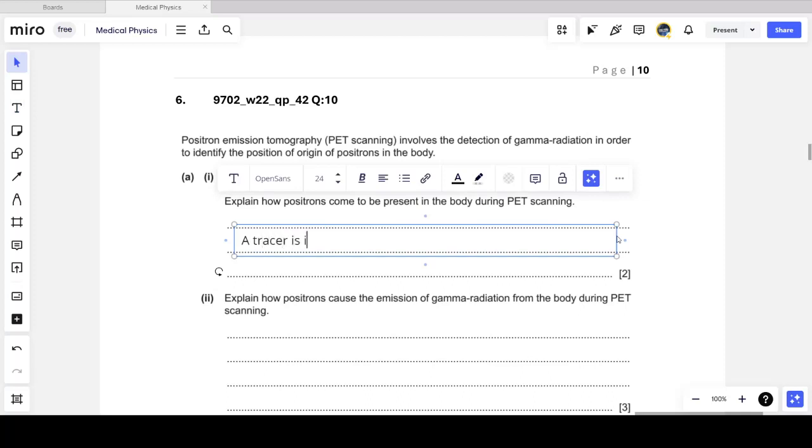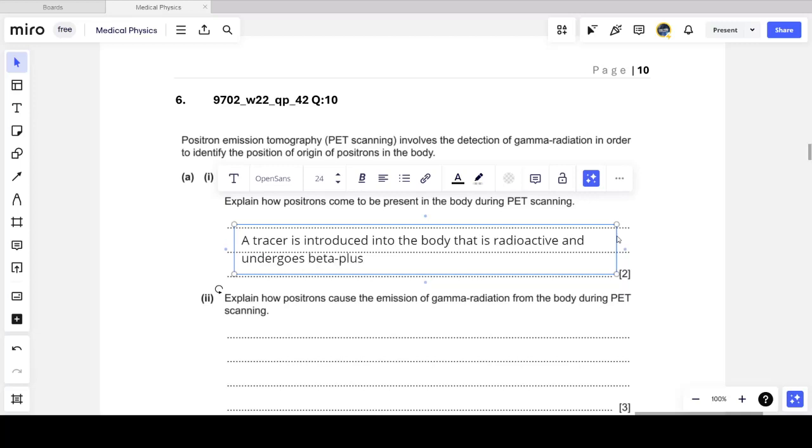So what we do is we introduce a tracer into the body. So we can say that a tracer is introduced into the body, and that tracer is radioactive. So we introduce something into your body that is radioactive, and not only is it radioactive, it undergoes beta plus decay.